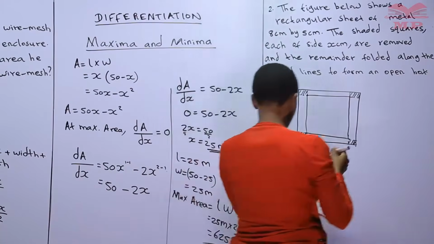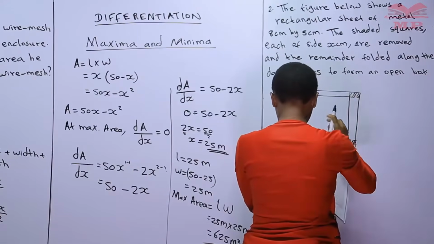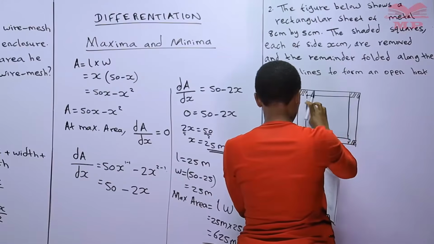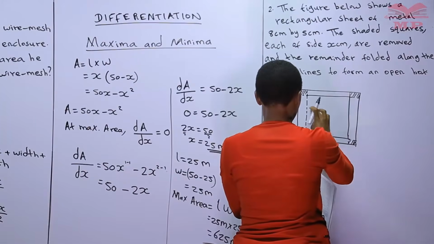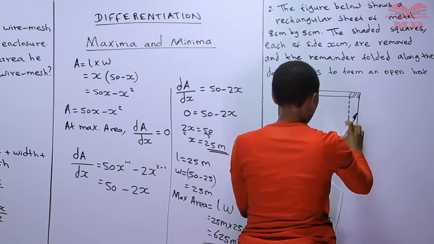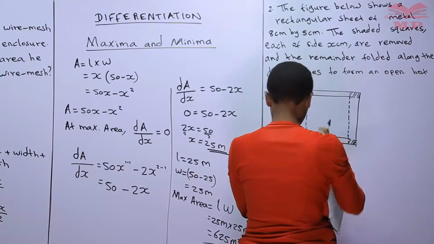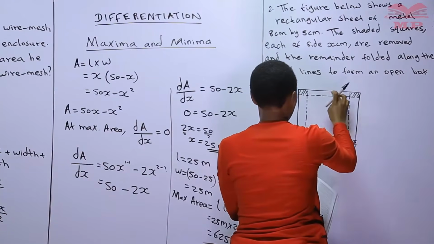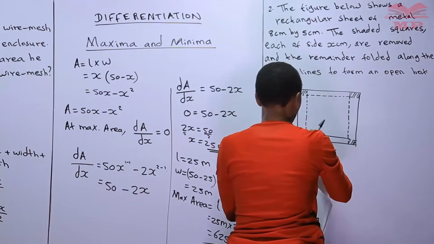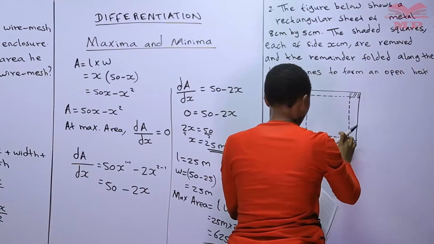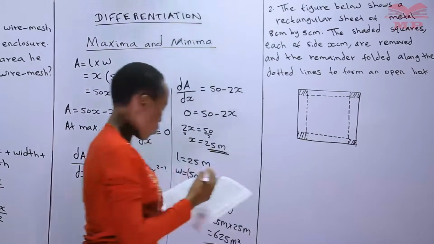They are removed, and we are told that they are cut through the dotted parts. So these are dotted, so they are cut. Then we have these again. They are cut along this. That's what we have.